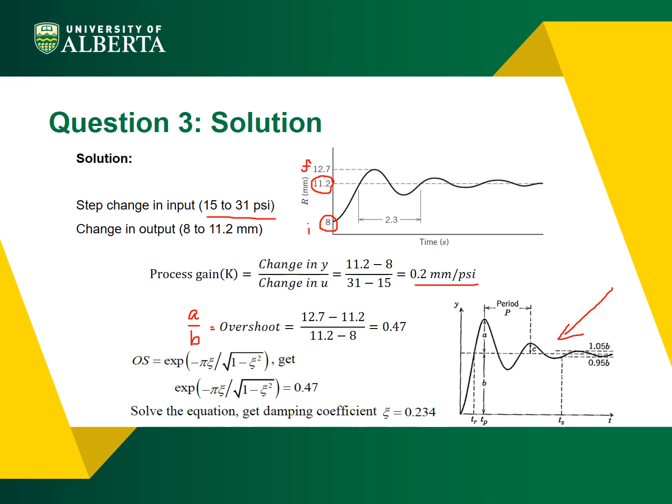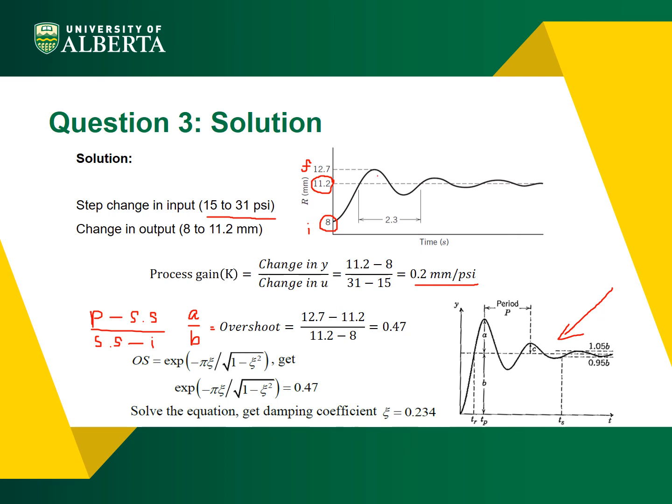So here, which is the peak minus the steady state value by the steady state value minus initial value. So P for peak minus steady state by steady state minus initial value. So overshoot can be computed from the graph.